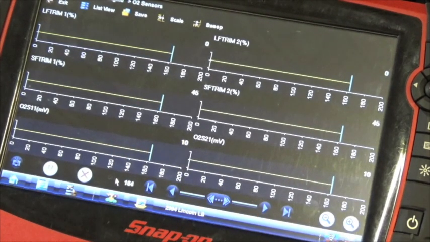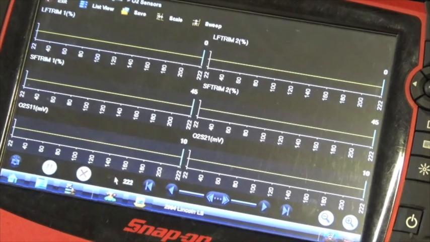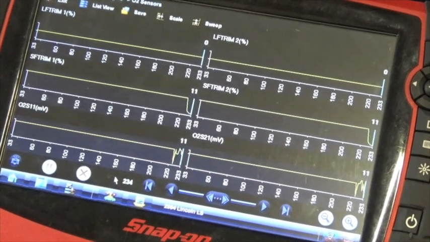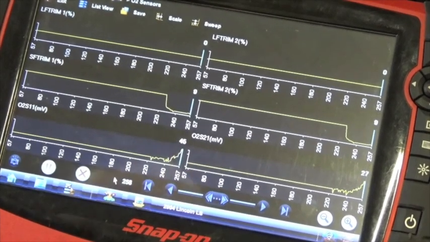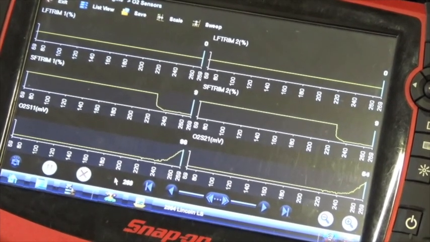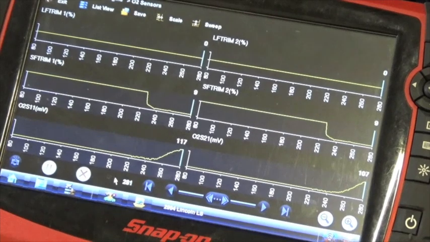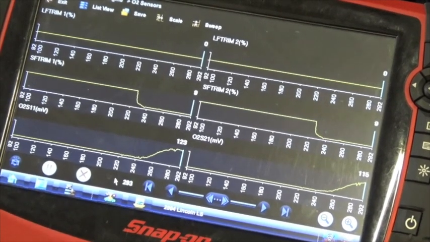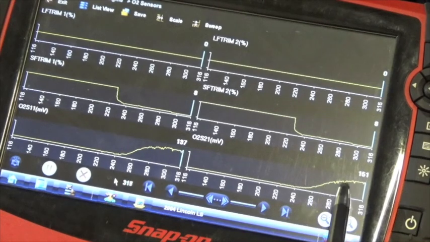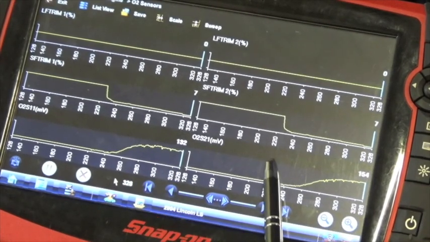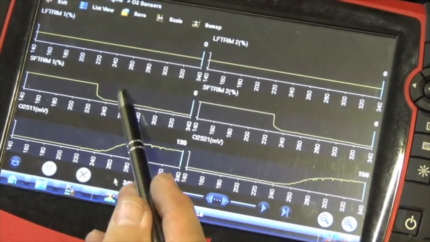Now I'm going to start the engine and we'll let it idle. Okay, we've got to let it warm up, and you can see that the oxygen sensors are warming up and beginning to work. Again, bank 1, bank 2, and my short term.